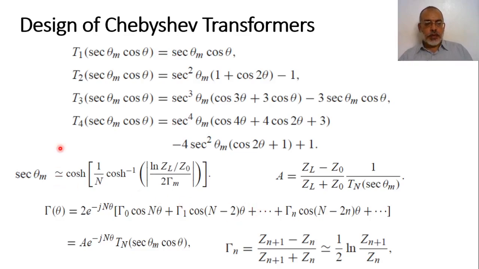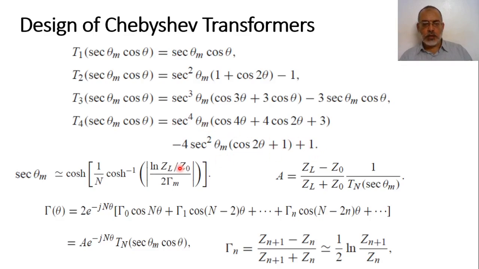The last term for the case n equal 4, or gamma of order 4, would be gamma 2 multiplied by cosine 0, or free coefficient. The free coefficient in this case is A multiplied by sec to the power 4 theta maximum multiplied by 3 minus 4 sec to the power 2 theta m multiplied by 1 plus 1.